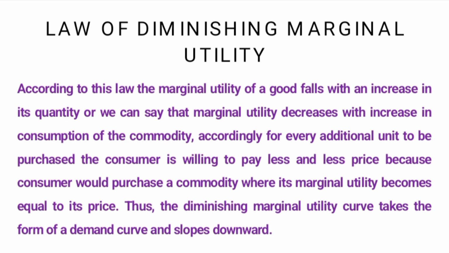That's why you want to pay less and less price, because the consumer would purchase a commodity where marginal utility becomes equal to its price. Thus the diminishing marginal utility curve takes the form of a demand curve and slopes downwards, like the demand curve, which slopes downward from left to right. Similarly, the marginal utility curve slopes downward.